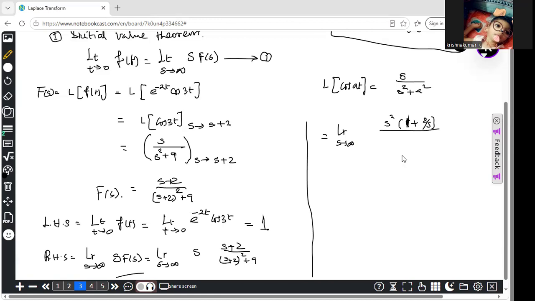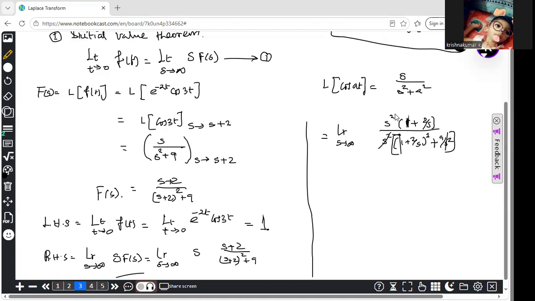Similarly, in the denominator I will take s commonly outside, so that will be s square, because here we have a whole square. So s square times ((1 plus 2 by s) whole square plus 9 by s square), isn't it? Because this s square is common for all these terms.